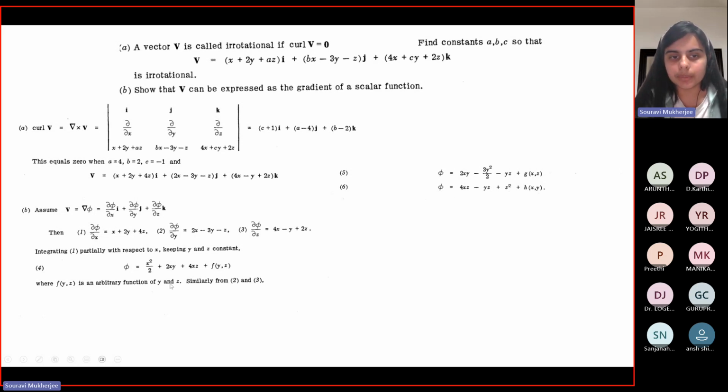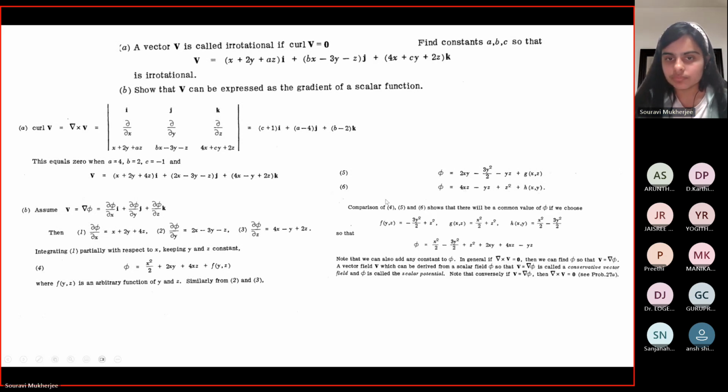Now if you compare these three expressions, what is this telling you? You see here you have some terms common, and then you have some generalized functional expressions. If you compare all the three, you'll get the expression for f(y,z), g(x,z), and h(x,y). That gives you a complete scalar function.